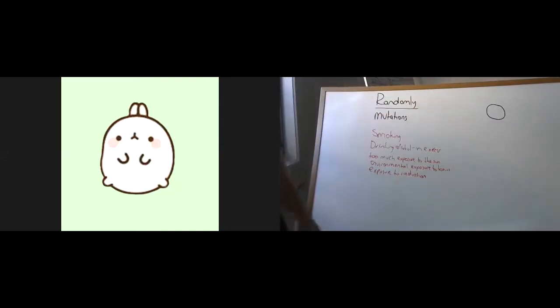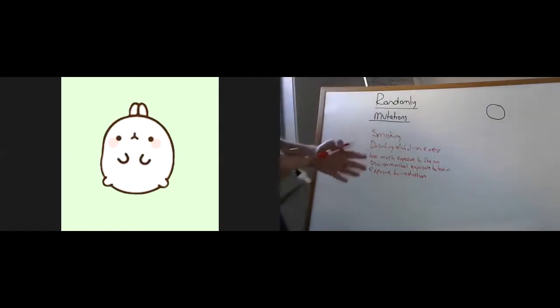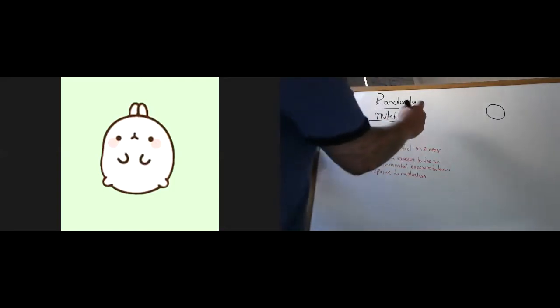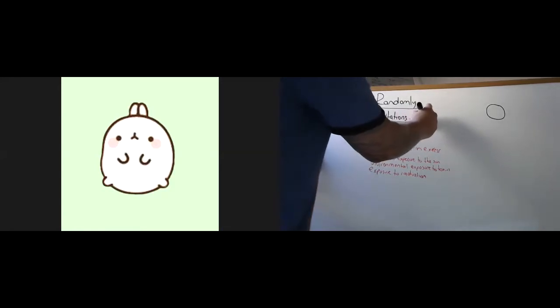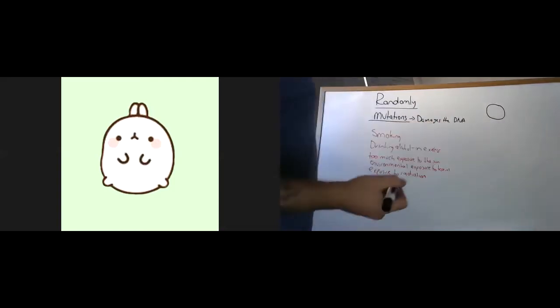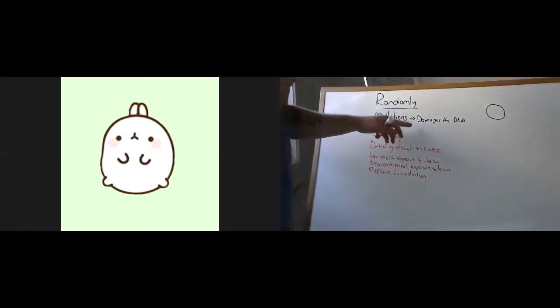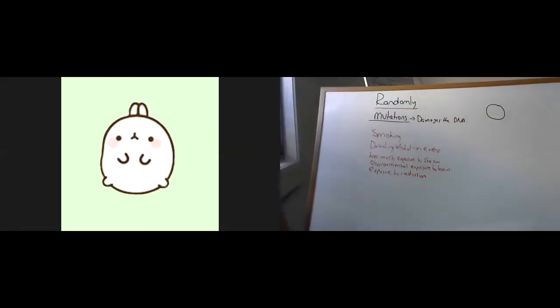Unfortunately, as time goes on, as a woman gets older, she's constantly exposed to the sun, to things that will damage the DNA. So the mutation damages the DNA.